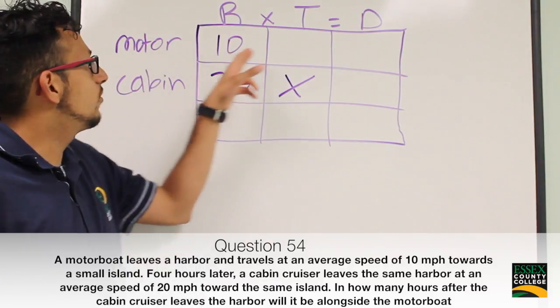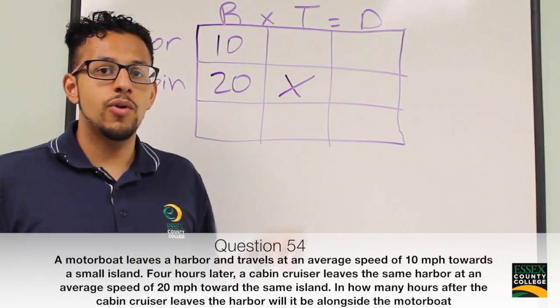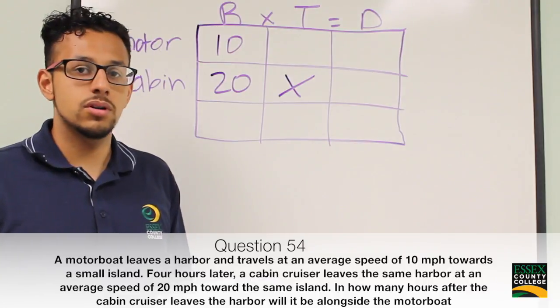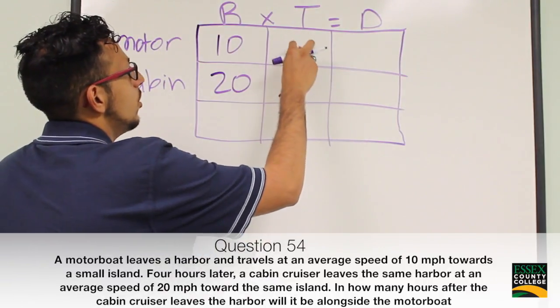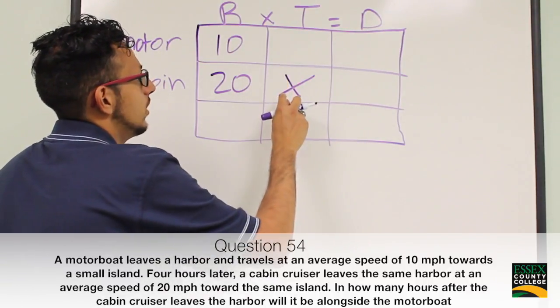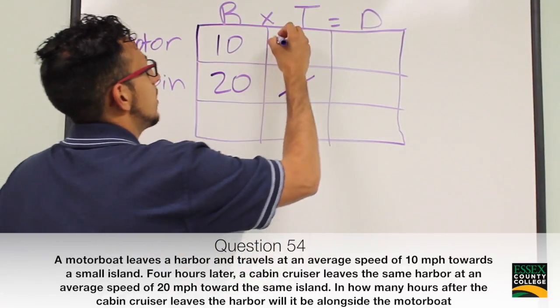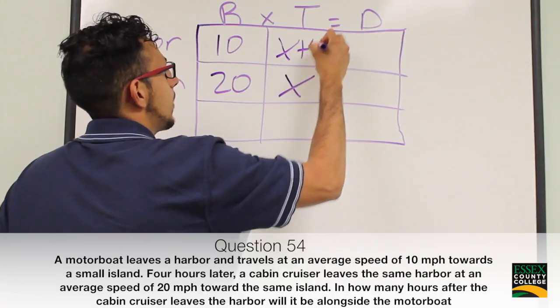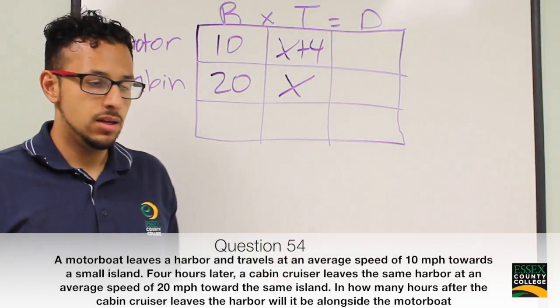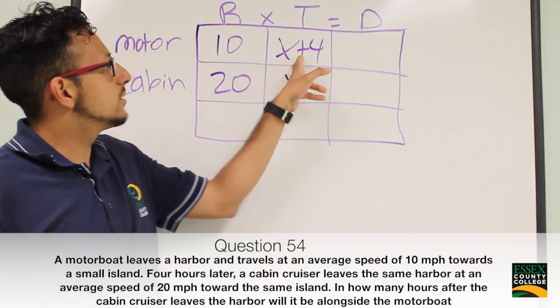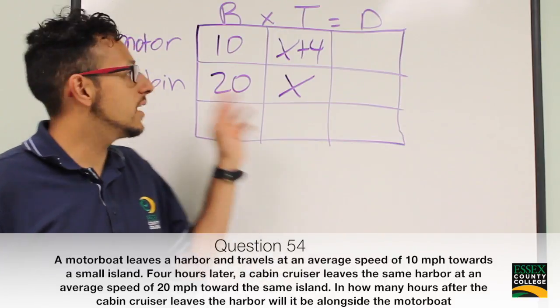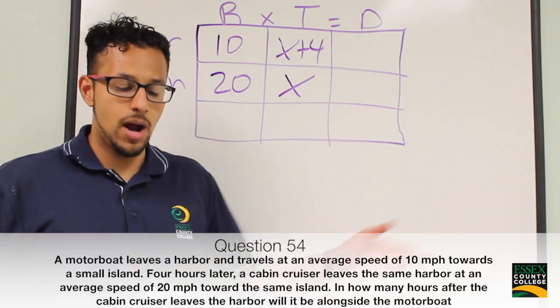Therefore, the motorboat already has 4 hours. It's 4 hours ahead of the cabin cruiser. So we don't know the time for the motorboat, but we do know that X is for the cabin cruiser. So the motorboat is just going to be X plus 4, because it left 4 hours early.